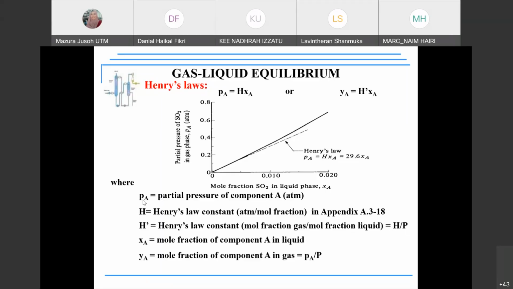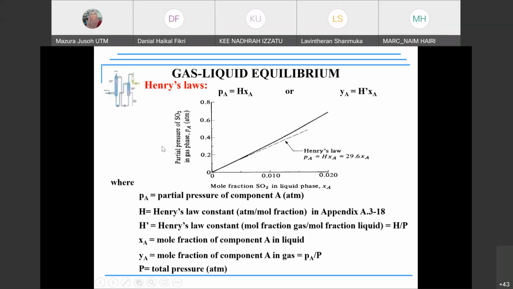So if you have H, you can derive H prime if you have the total pressure of the mixture. This is an introduction of a principle, Henry's law, that sometimes you have to use in an absorption question, situation or process. Okay, so let's look at the next slides.